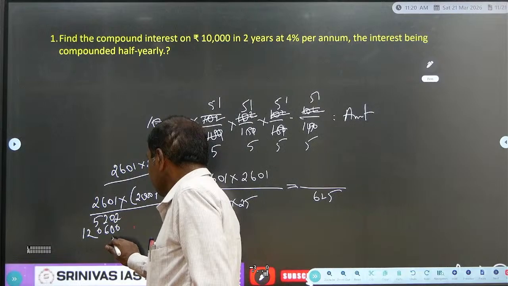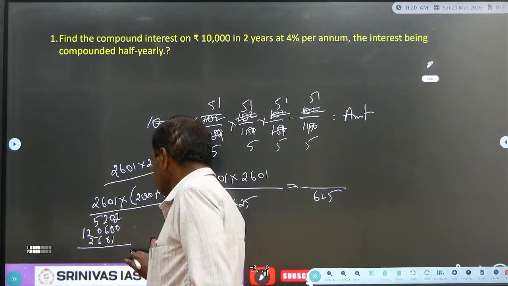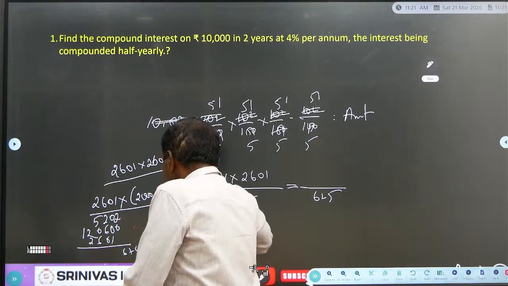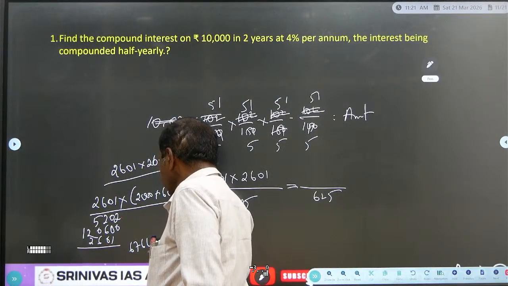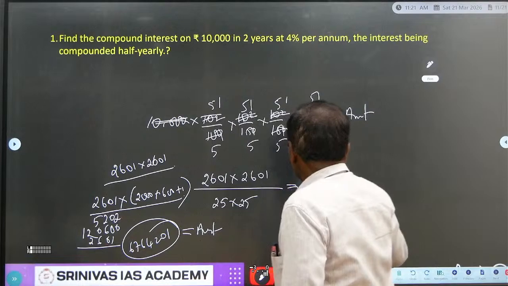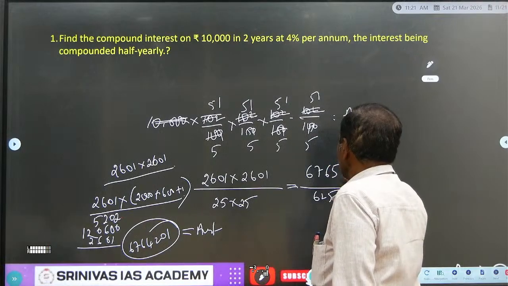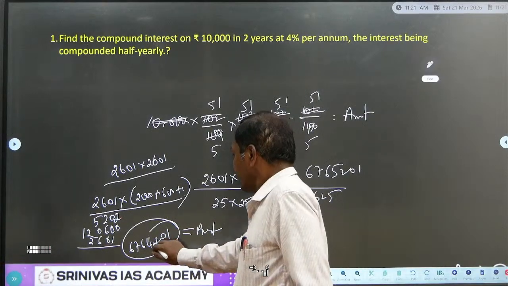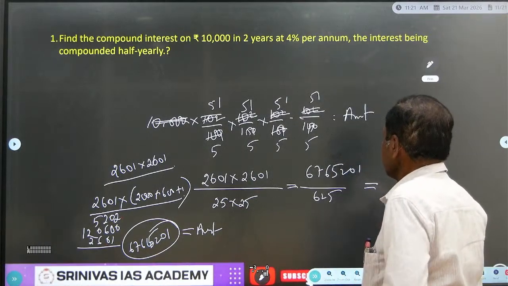So the amount is 6,765,201. It's a very big calculation.